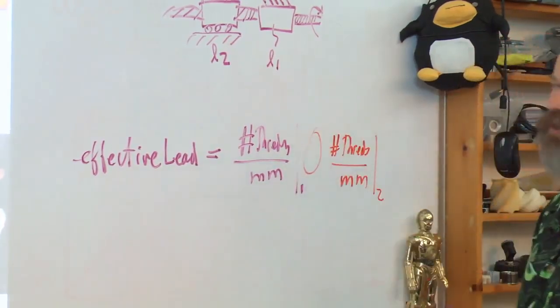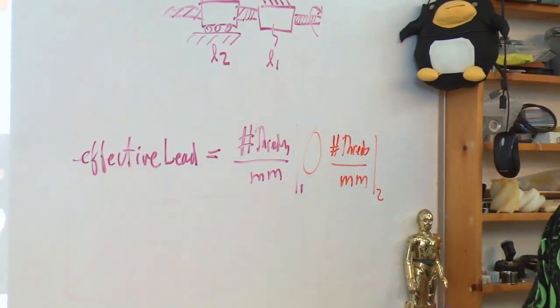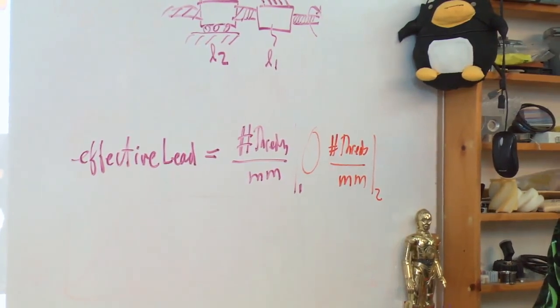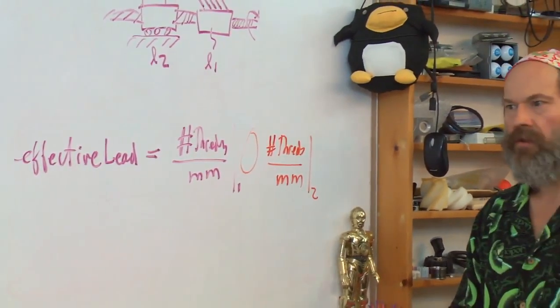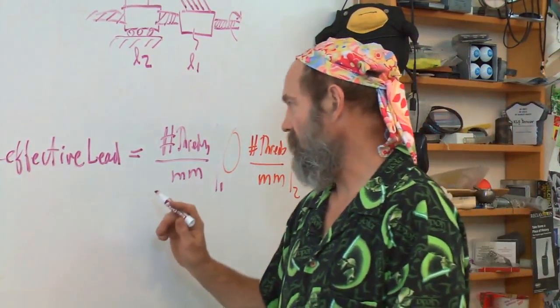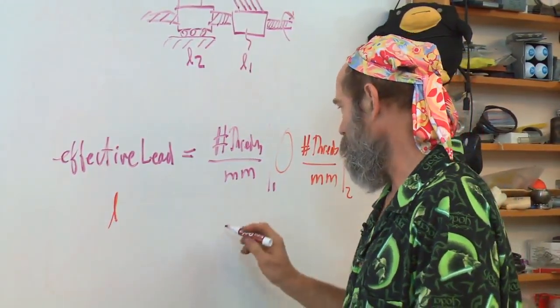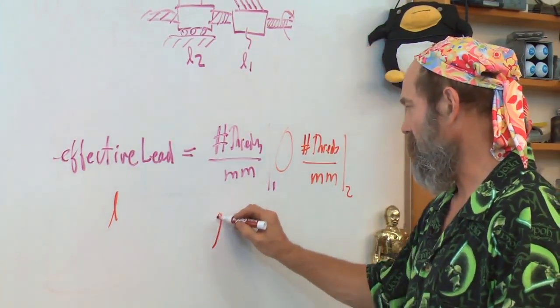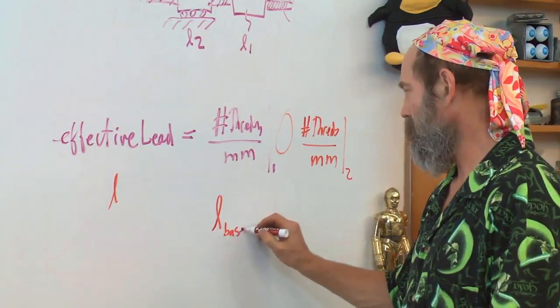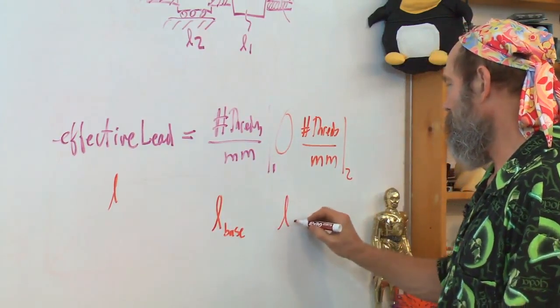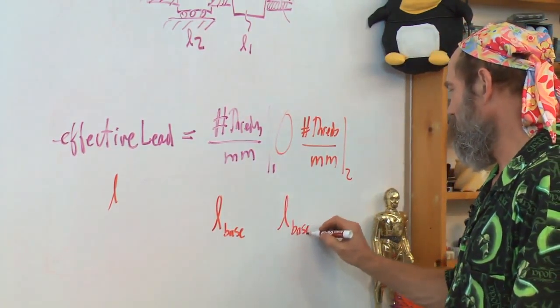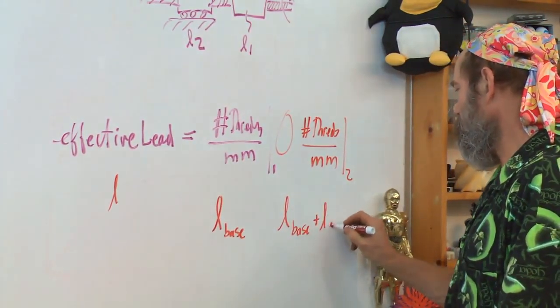What relationship is here that I can make this work? Well, it turns out it's very simple. If I want to make this some lead L effective, then what I have here is some lead base, and this is lead base plus L effective.